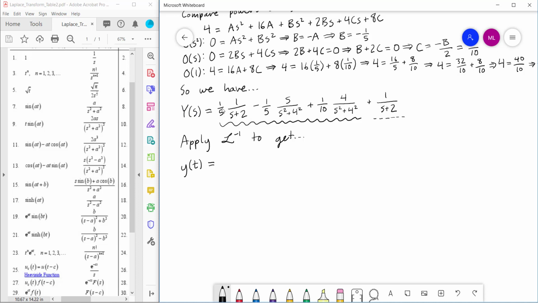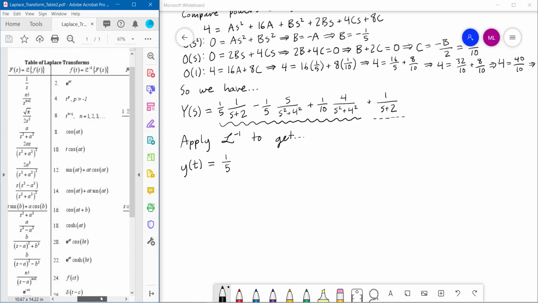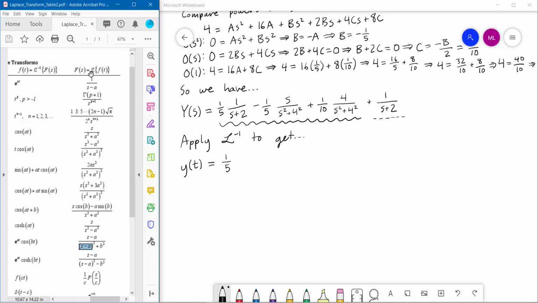And now I just hit each one of these. This one is going to simply be 1/5 times the inverse Laplace transform of 1 over s plus 2. And if we come back up here, 1 over s plus 2 matches this form. As long as a is -2, we are inverse transforming back to e to the -2t.